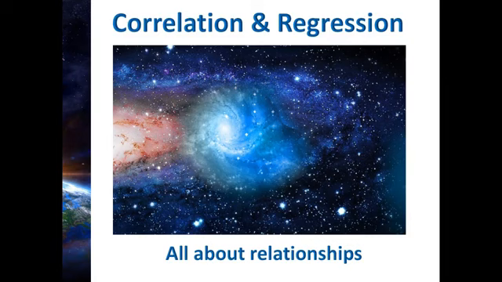But let's assume that you're all doing really well in this class, and now it's time for that very last chapter on correlation and regression. And much like the previous chapter, correlation and regression is all about relationships. But unlike the relationships we studied in chapter 11, where we analyzed frequencies, in this chapter, we're going to be looking at relationships by analyzing scores.